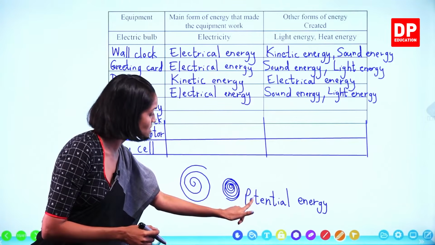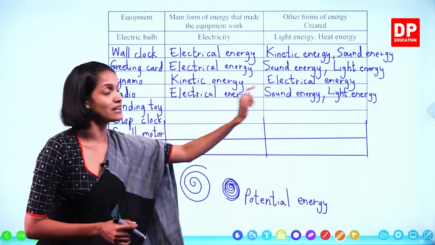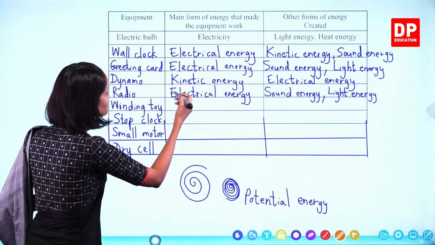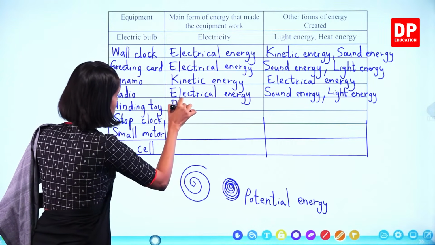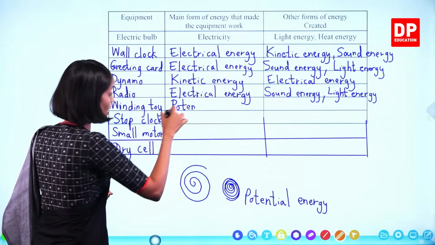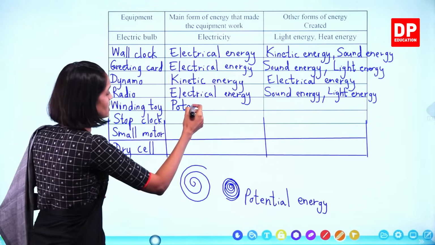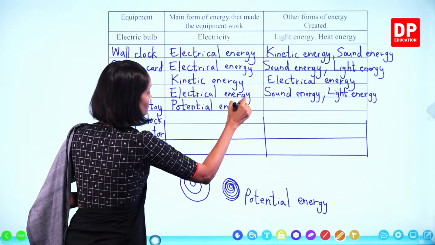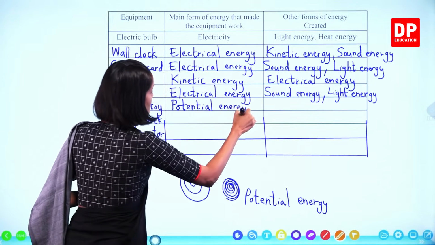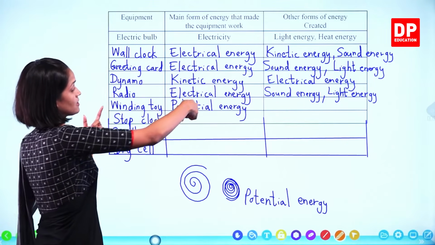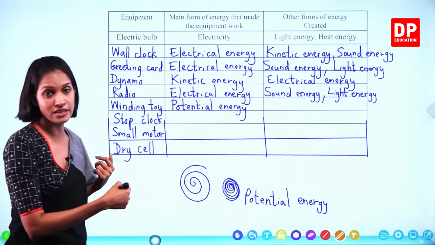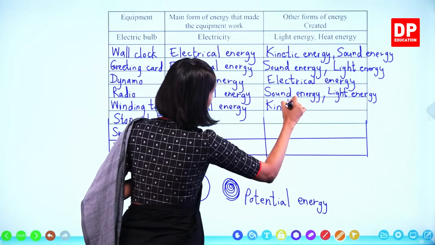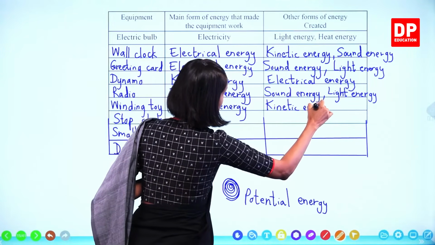Because of the potential energy, kinetic energy is created. So, winding toy: when you wind it up, we store potential energy. And when we release the key, it becomes kinetic energy, right?